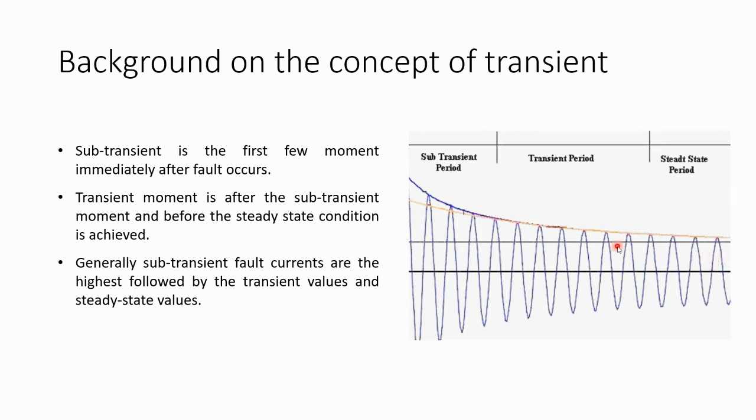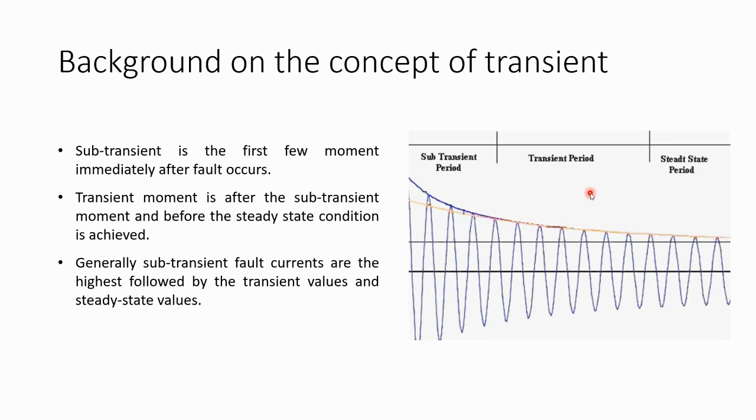As mentioned in the previous slide, we represent or we model fault as an impedance in our network. Similarly, the effect of fault, depending on which period we are looking at, can be represented by their corresponding impedance as well.